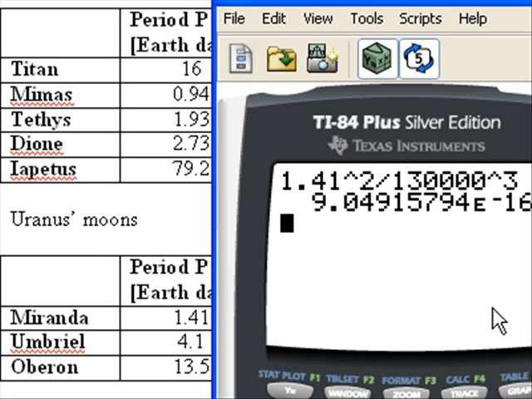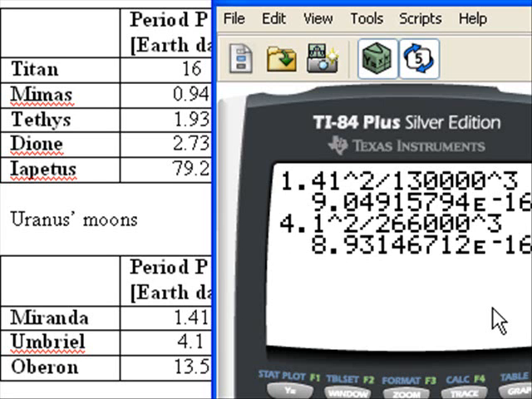It's of course rounded. And for Umbriel we're going to have 4.1 squared divided by 266,000 cubed, which gives 8.93 times 10 to the negative 16.